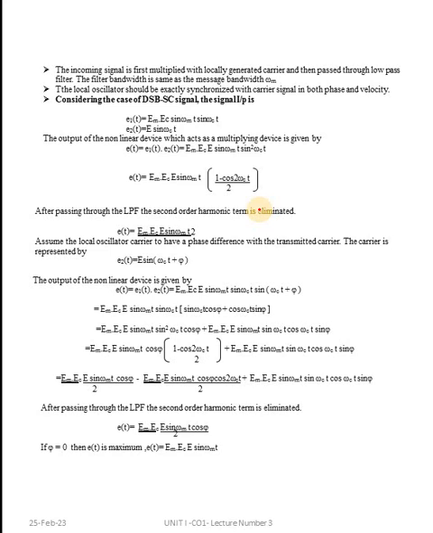Coherent detection or synchronization can be achieved in another way also. Here the carrier signal is directly obtained in the receiver side, or we can derive the carrier in the receiver side with a special circuit.